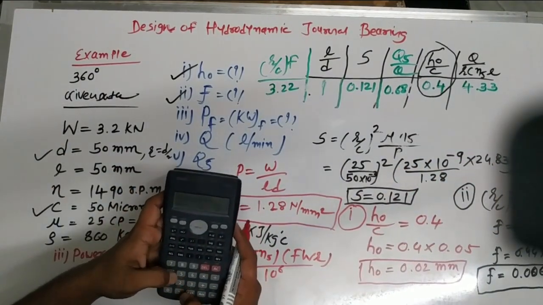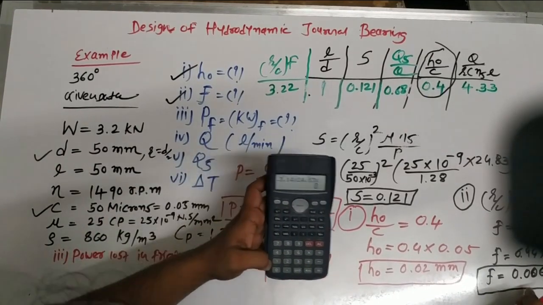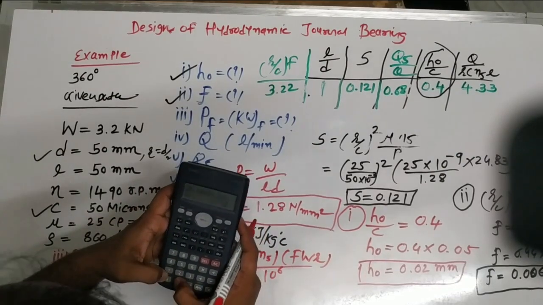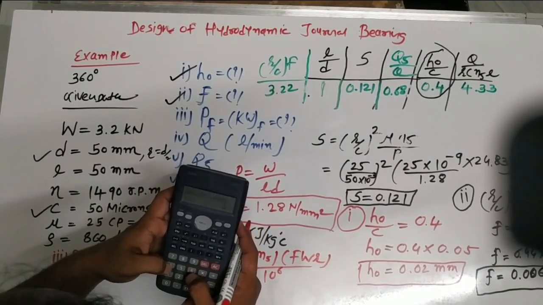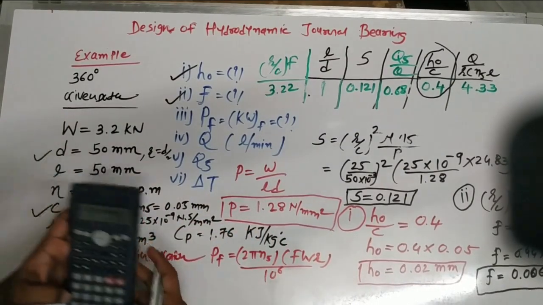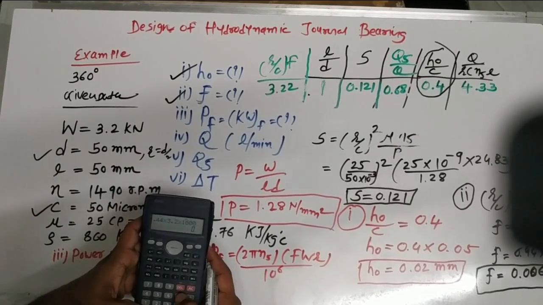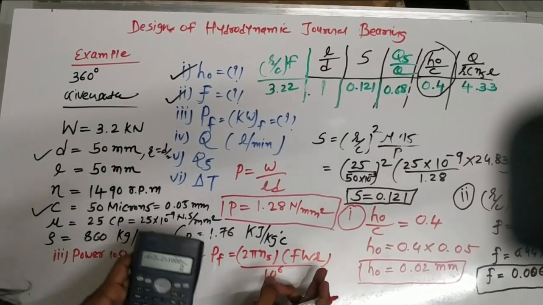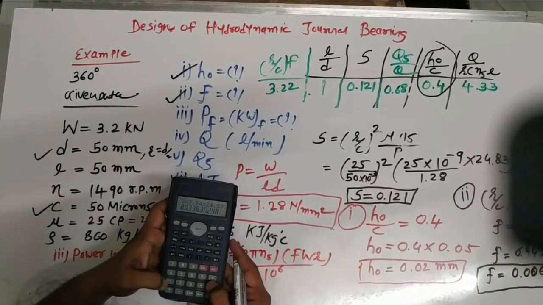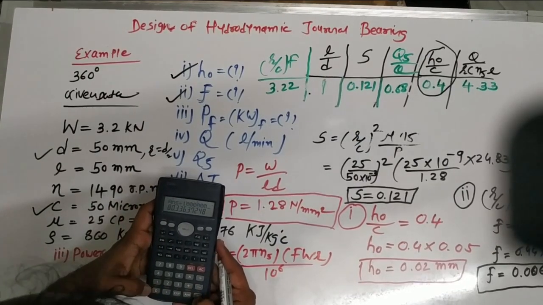So I can use it directly into small f, which we have already solved here, 0.00644, into W, that is 3.2 kilonewton, so 3.2 into 1000, and one more parameter, small r is 25, divided by 10 raised to 6. So let's see what is the final answer.